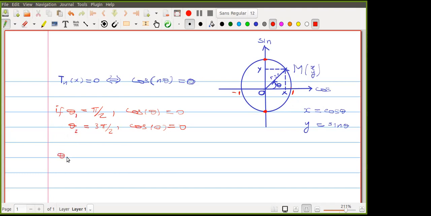So theta 1 can also be written as pi by 2 plus 2k pi. I can rotate in the positive, which the trigonometric direction is this one, it's positive this direction. Or I can also rotate in the other direction. So that's why this k can be positive or negative.